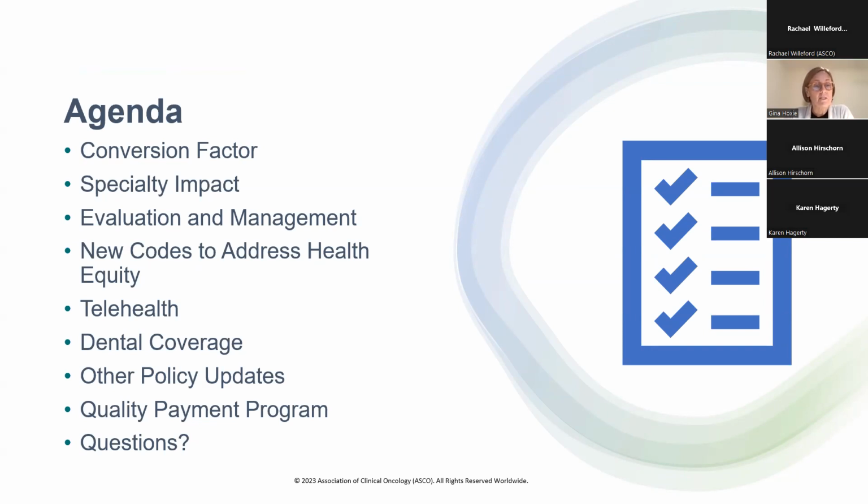Additional coding changes that CMS has finalized to address health equity, telehealth, dental coverage, and then a few other policy updates that are relevant to the cancer care community. And then finally, to end, we will talk about some of the things that CMS has finalized in the quality payment program that will affect payments in 2024. And then at the end, there will be plenty of time for questions.